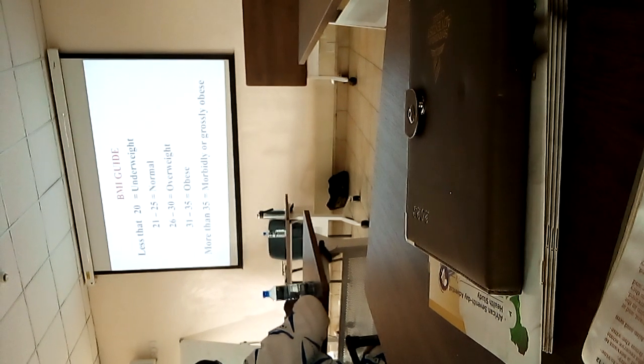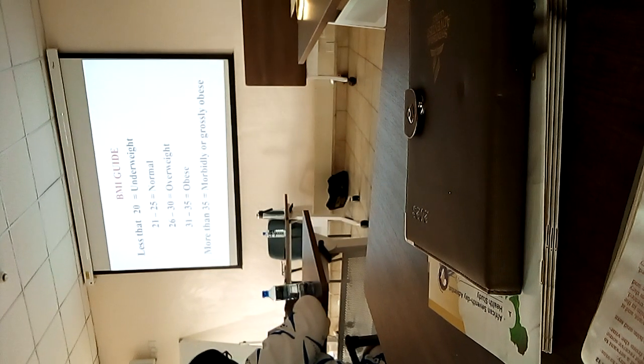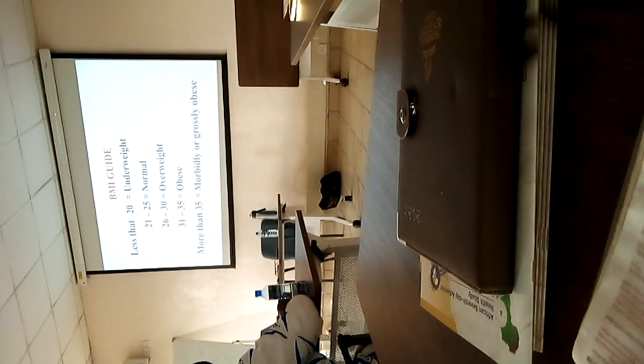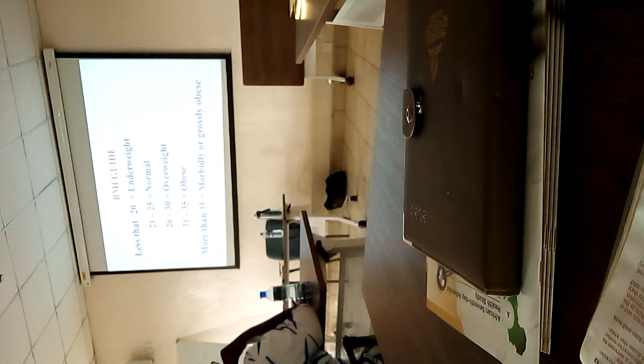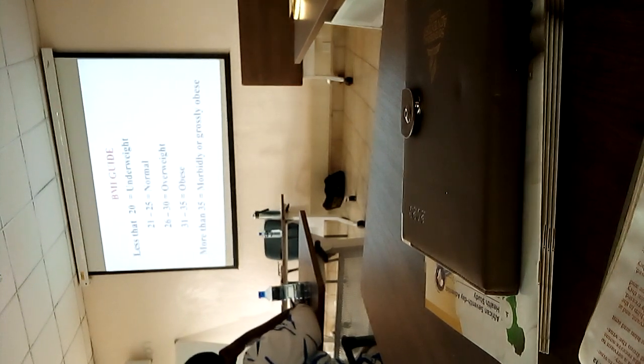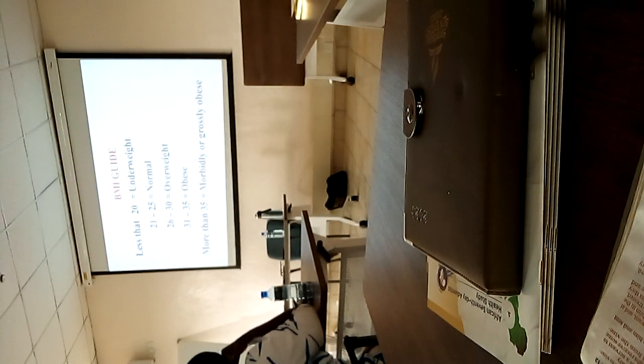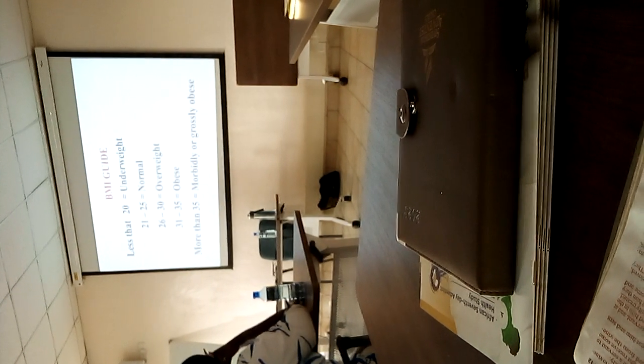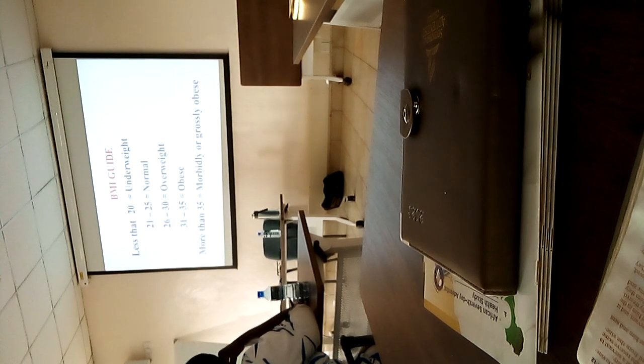And what is the definition of overweight? When your weight is between 1 to 19% above your ideal body weight, then you are overweight. You are not yet obese. But if your BMI is more than 25, you are morbidly or grossly obese.